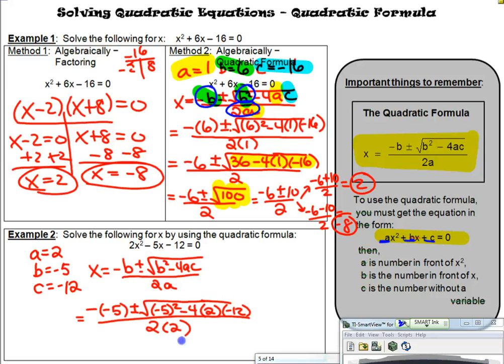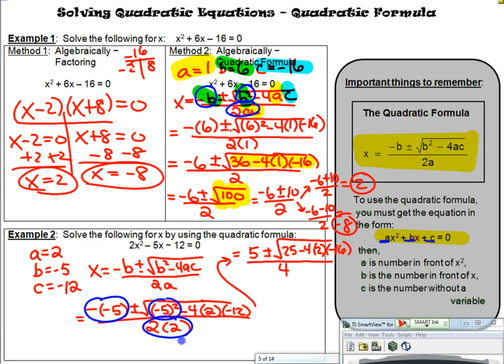Again, I like to actually do this and this step as I'm filling in, which you don't have to, but then that would look like this. It would look like positive 5, because that's the opposite of negative 5, plus or minus the square root of 25 minus 4 times 2 times negative 12, all over double the A, which would be 4.